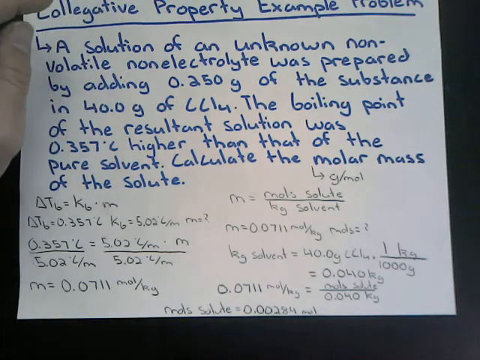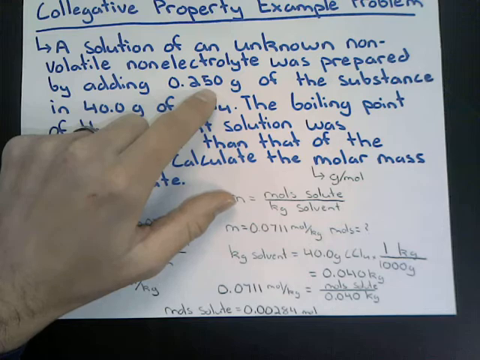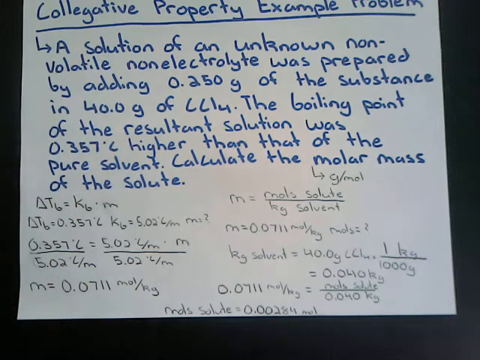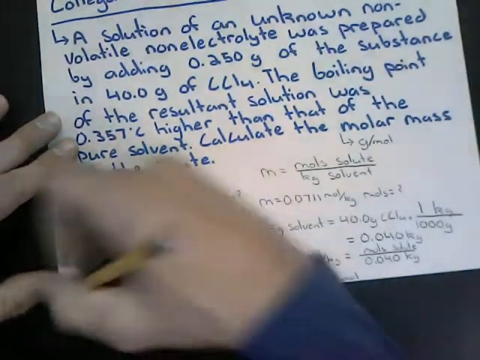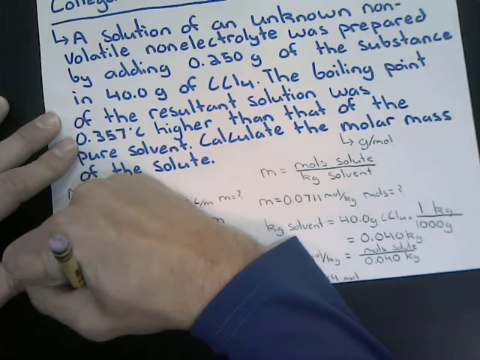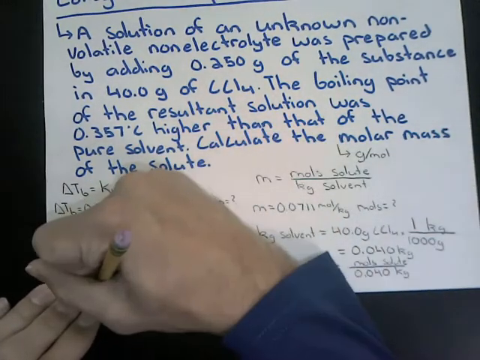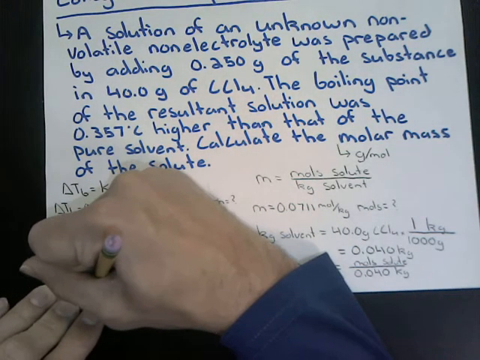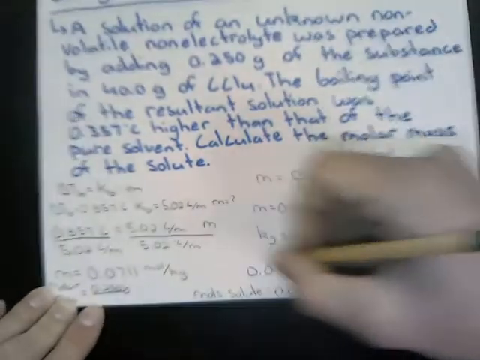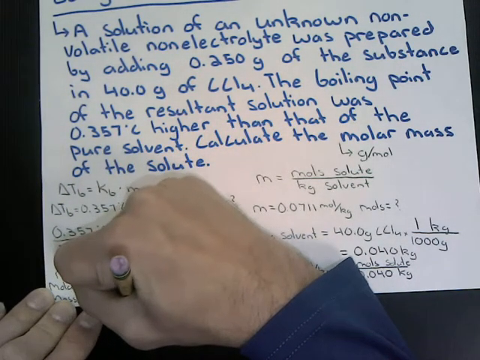The molar mass in this case is going to take the number of grams divided by the number of moles that we just calculated. I'm running out of room, but our molar mass is going to take the number of grams of our unknown solute, 0.250 grams, per 0.00284 moles.